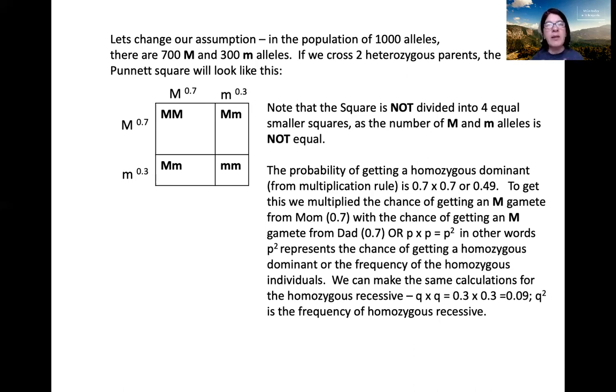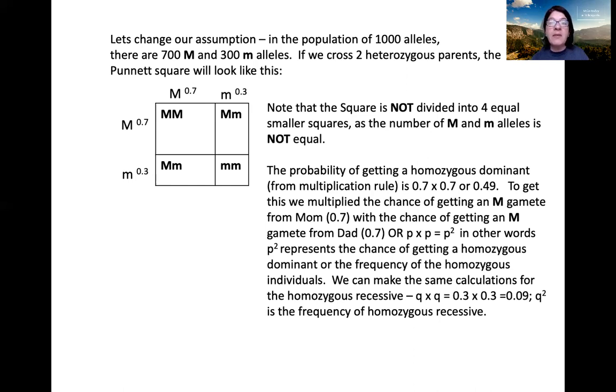And again, I would like to point out that these are probabilities. If the frequency of the dominant allele is 0.7, then the probability of getting a homozygous dominant is arrived by saying, well, what's the chance the dad has the dominant allele? Well, the chance is 70% or 0.7, because that is the frequency of the allele in the population.